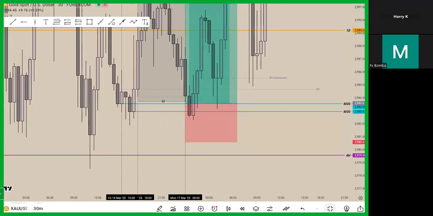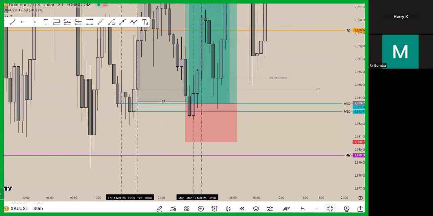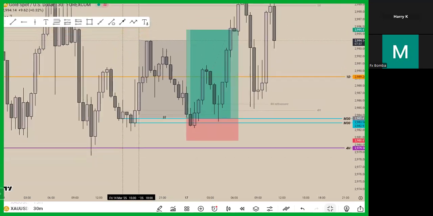You can see that this trade happened during the London kill zone from 1 to 2. Up to here, it happened during the London kill zone. Then the market might also give you another opportunity to enter.